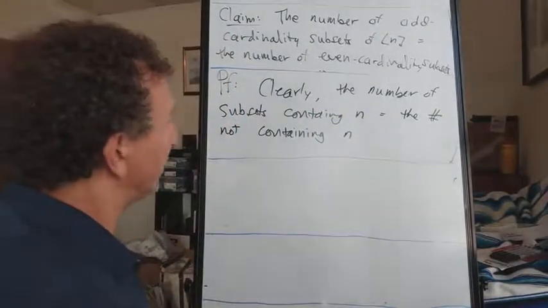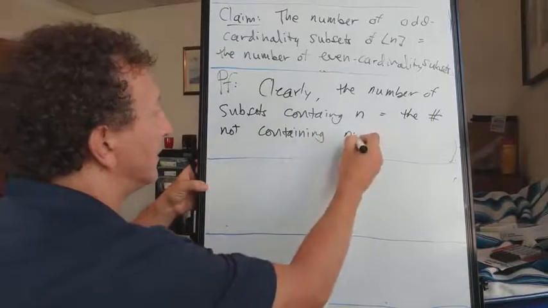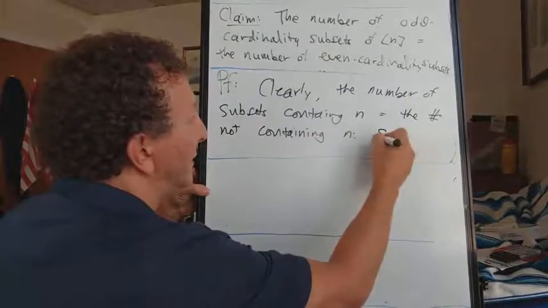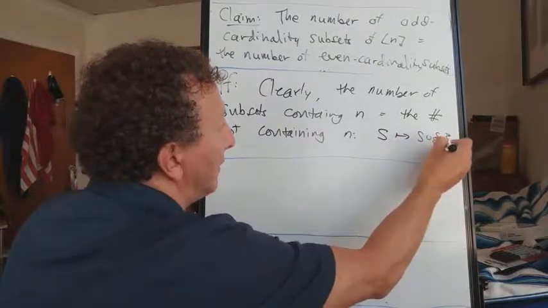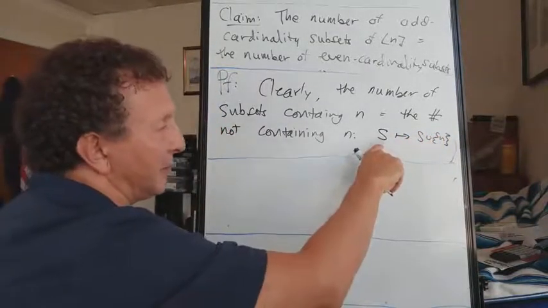And to see how they line up, if we have a subset not containing n, we just put n in it.